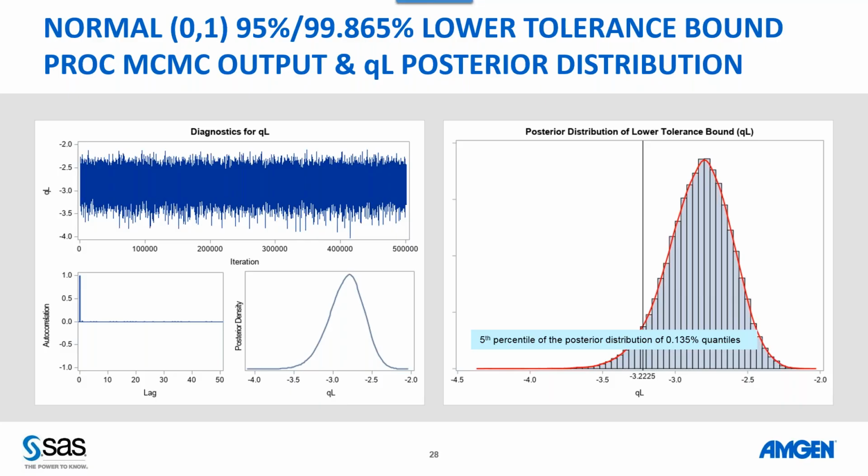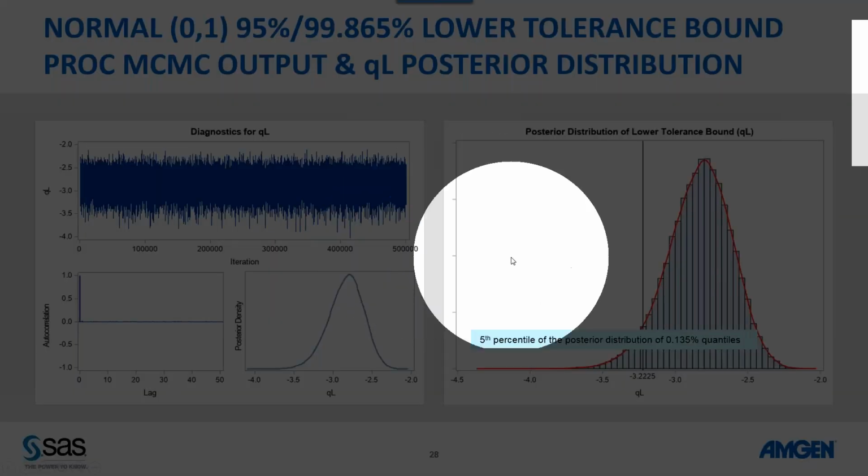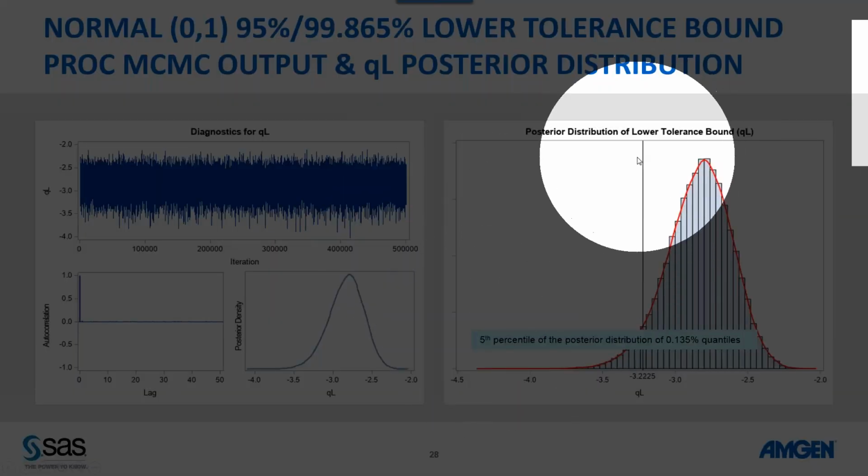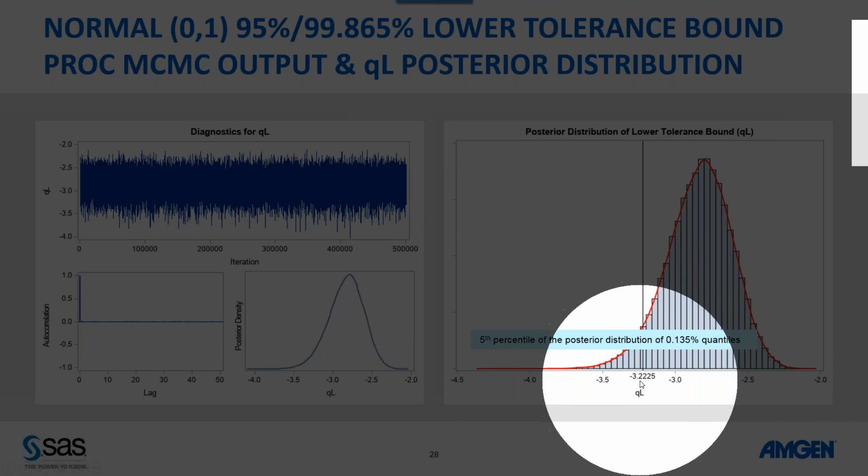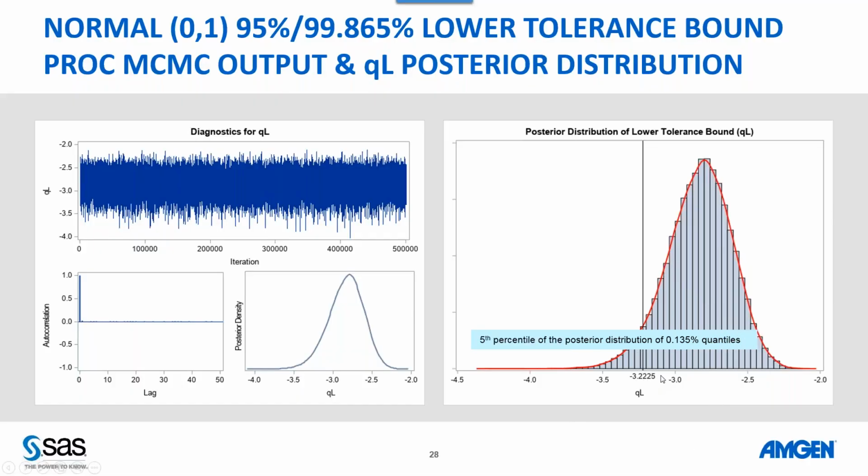And then what we're grabbing is the 5th percentile of that distribution. Remember, a tolerance bound is a confidence bound on a given quantile. That's the definition, and that's what we're using to calculate these things. So here we're just grabbing the 5th percentile, which is this line here, and that's -3.225. So again, we take into account the uncertainties of the data, the priors, and the variability in the data, and that gives you that number.